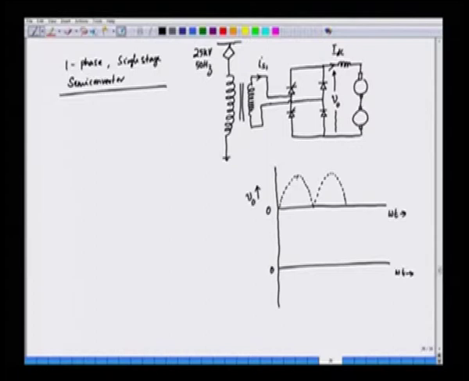Let us say the triggering angle here is alpha, and the triggering is symmetrical. So, we can say this is pi plus alpha, this is pi, and this is 2 pi. The output here will be of this nature. So, this is V naught.